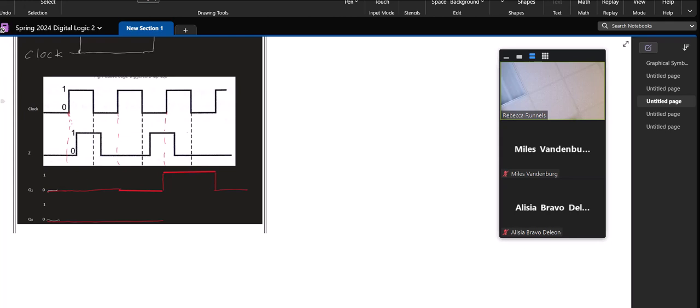So it's still going to see the 0 from the time before. So it's lagging one behind the one before it. So it's not actually going to change until it gets to the next positive edge, because it's going to be one behind, because it takes a little bit of time for it to change.